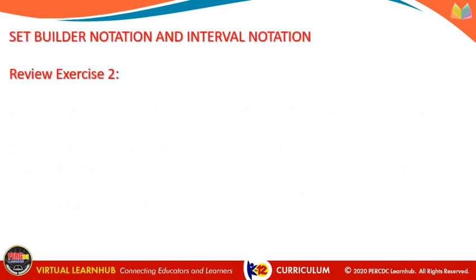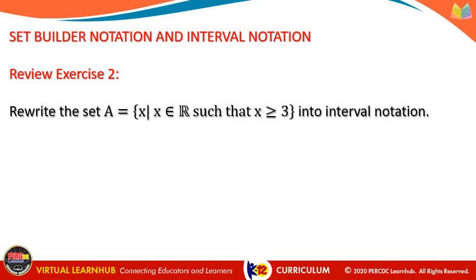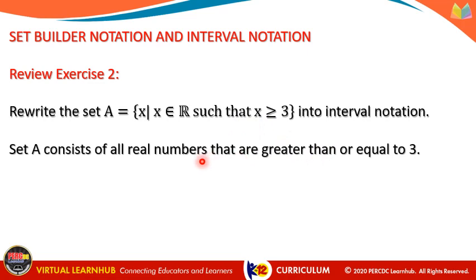Sige, para mas ma-practice tayo, let's have another example. Rewrite the set A, which contains x, in which x is a real number such that x is greater than or equal to 3. So we will convert this set into interval notation. Now, ano muna ang laman ng set A? Sabi dito, ang laman ng set A ay mga real numbers na mas mataas o di kaya ay equal sa positive 3.